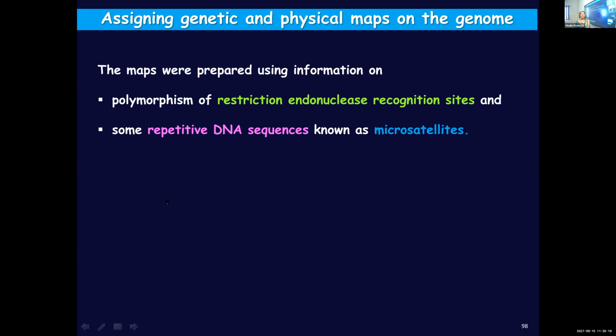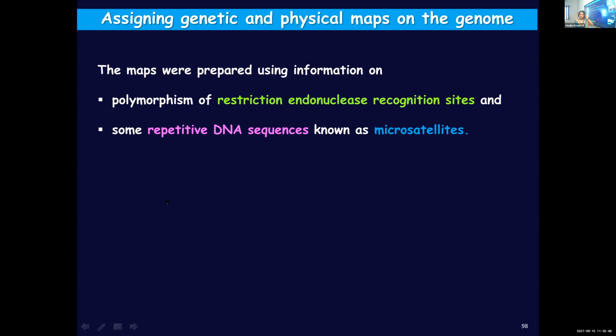These sites may not be identical in different individuals. It can be different for different human beings. So the polymorphism is based on restriction endonuclease recognition sites. Once again, restriction endonuclease is the enzyme which cuts the DNA into fragments, and it cuts at specific sites, not anywhere.